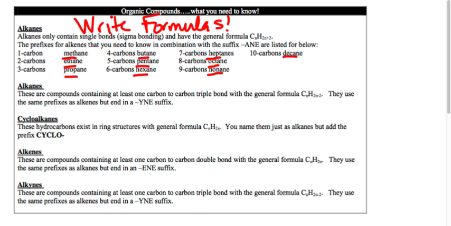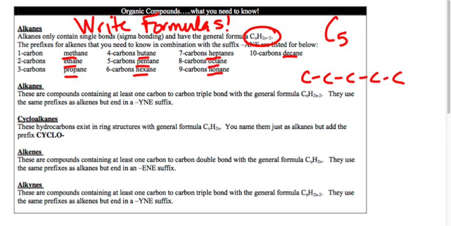Okay? Alkanes are all single bonds. So if I ask you the formula for pentane, how many carbons is that? C5. And rather than memorizing this formula, I don't want you to. If you need to, draw out 5 carbons or put them in your head. How many bonds does each carbon make? 4.